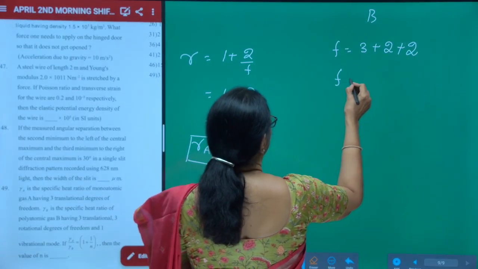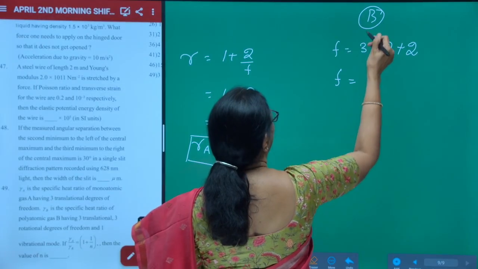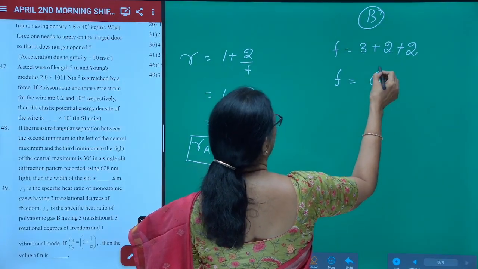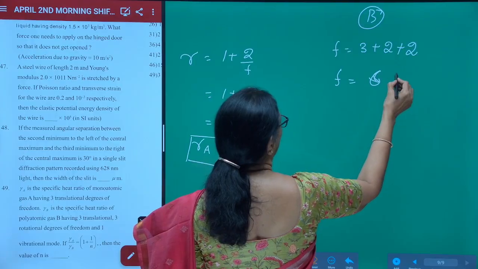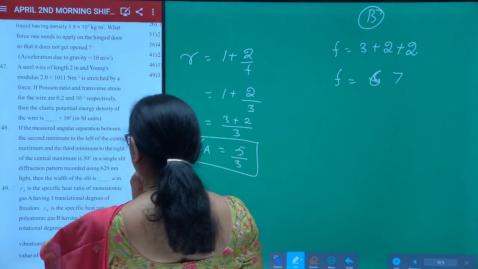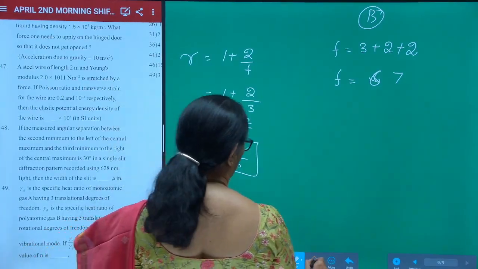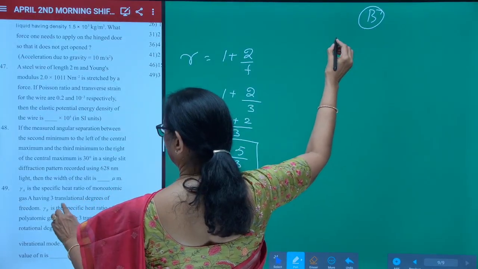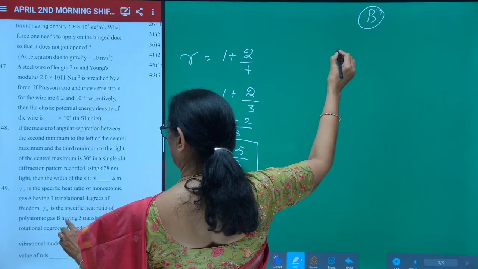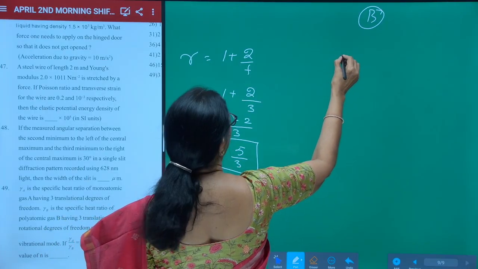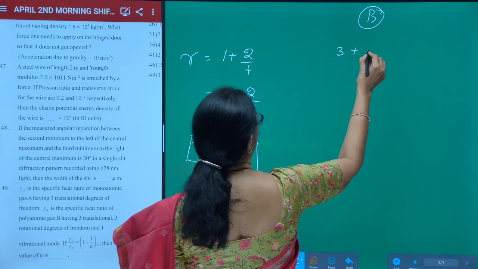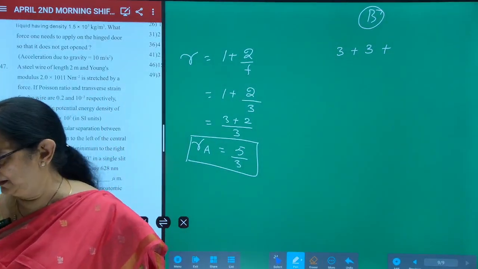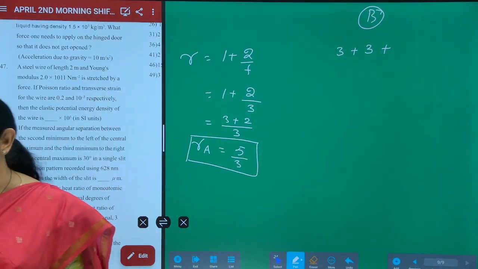So, altogether in the polyatomic gas given, total degrees of freedom is 3 plus 2 plus 2, 7. Just 1 second. Here it is mentioned, look here, 3 rotational degrees of freedom, 3 translational degrees of freedom and 1 vibrational degree of freedom.